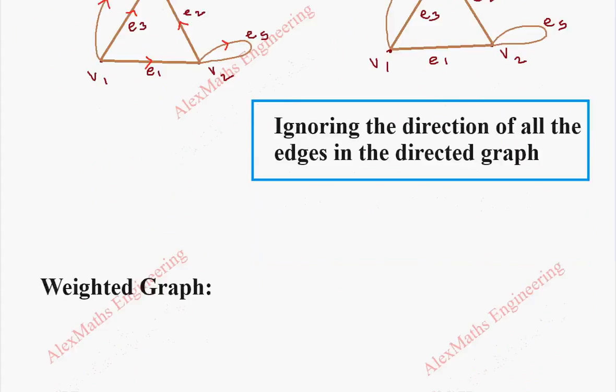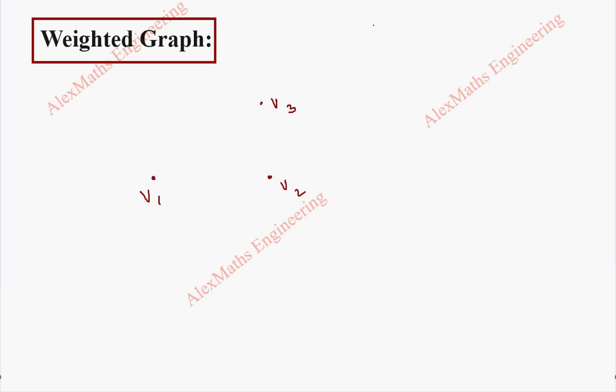Next we are going to see the weighted graph. A weighted graph is one in which every edge is assigned some weight. Weights are usually numerical values. Suppose this is our graph where we have vertices V1, V2, V3, V4, and we have the edges E1, E2, E3.